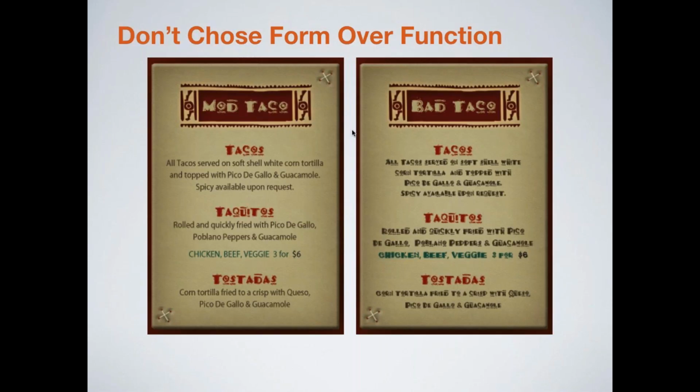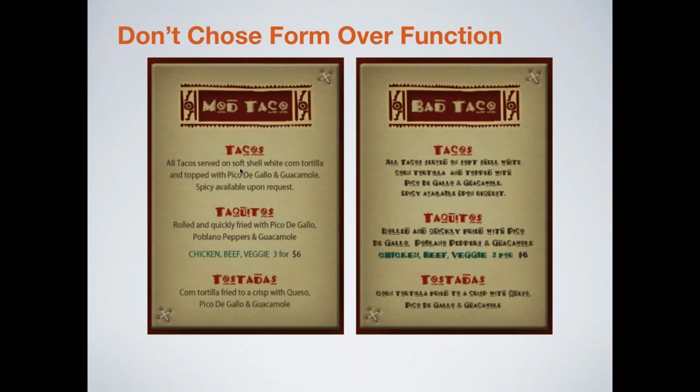So these two, I believe this is from one of the articles that was assigned this week, and side by side you see the do side on the left and the don't side on the right.